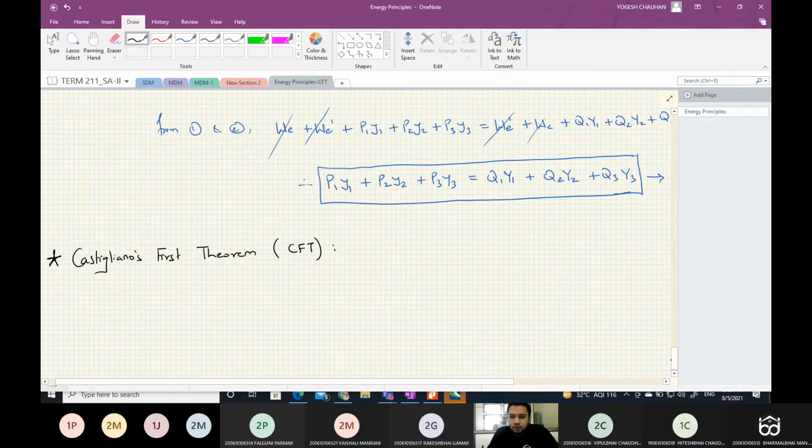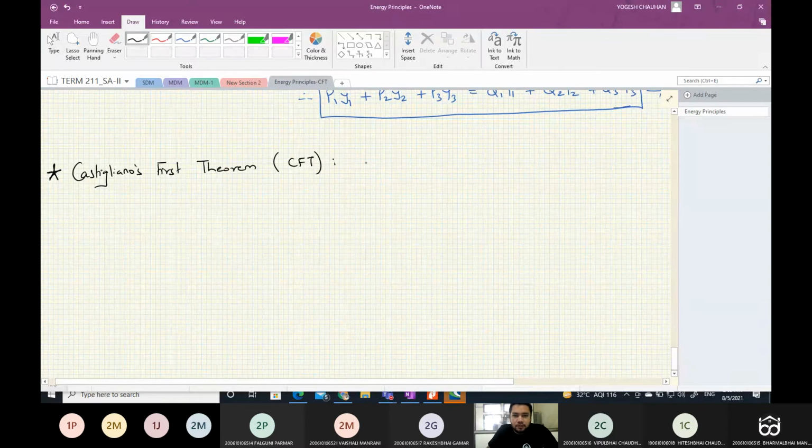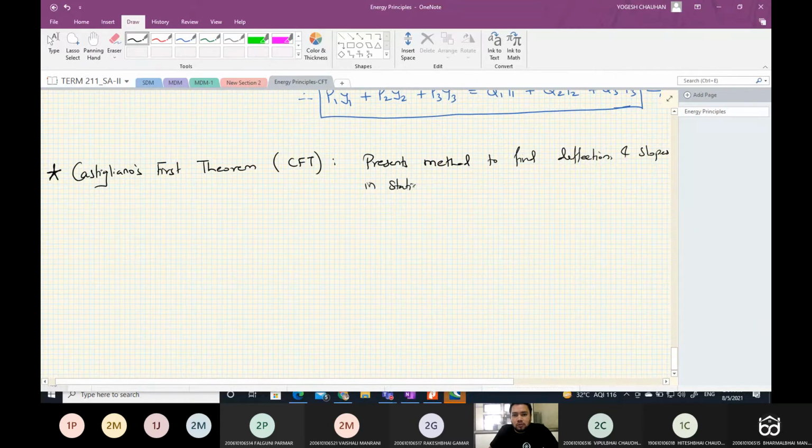Castigliano presented a method to find deflections and slopes in statically determinate beams and trusses.